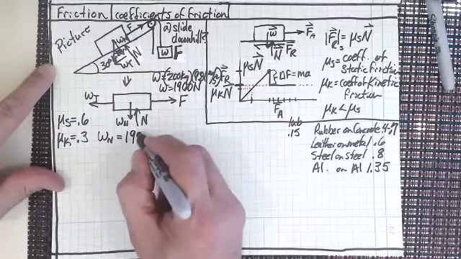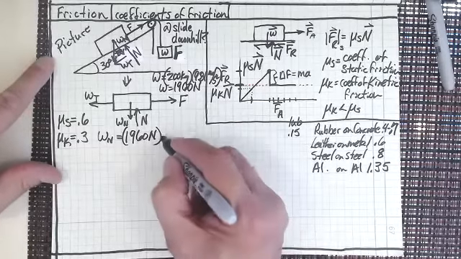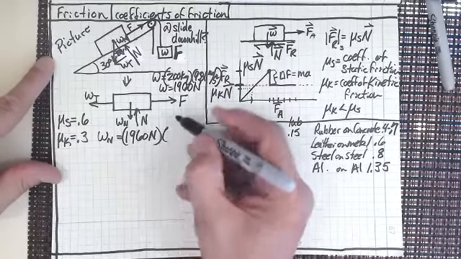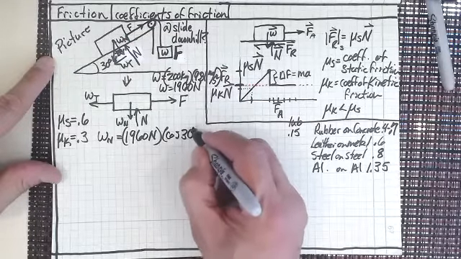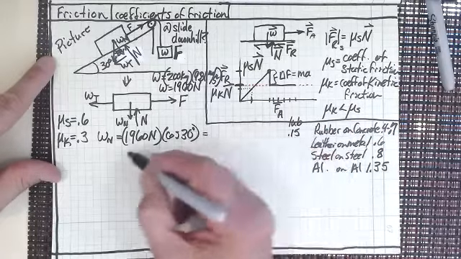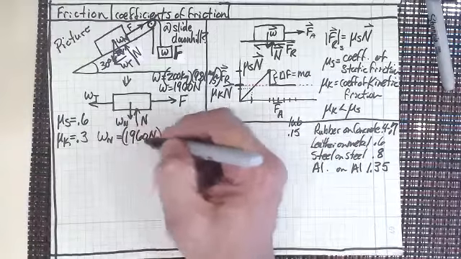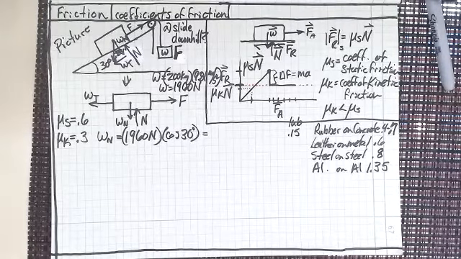So 1960 newtons, I've rounded it there a little bit instead of 1962, times the cosine of 30 degrees. This is really just giving us the component of the weight force in the normal direction.